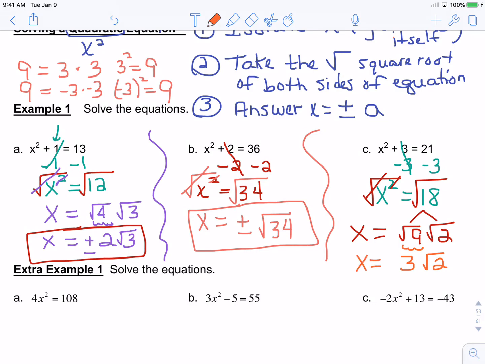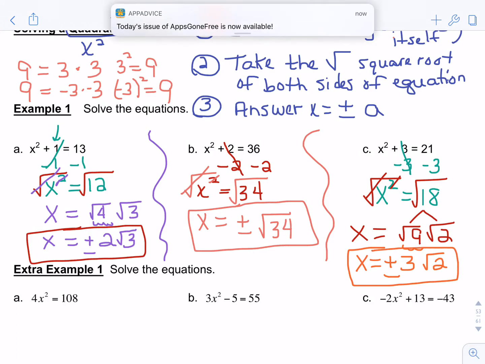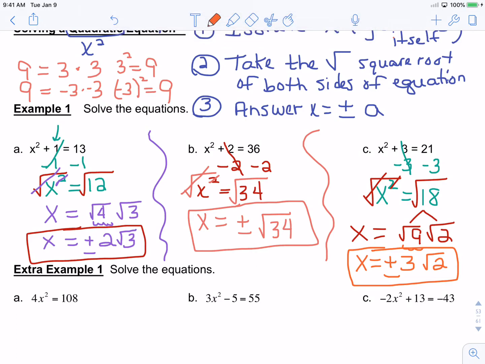So x equals plus or minus 3 times the square root of 2. Every single one of those problems has a plus or a minus with it. Each of those problems were very similar, where we had to get x squared by itself by taking that number to the other side.